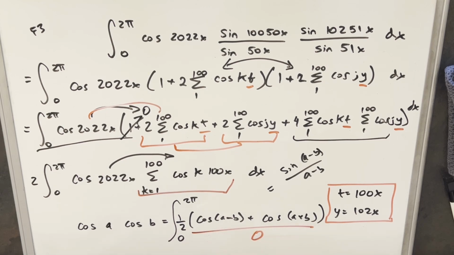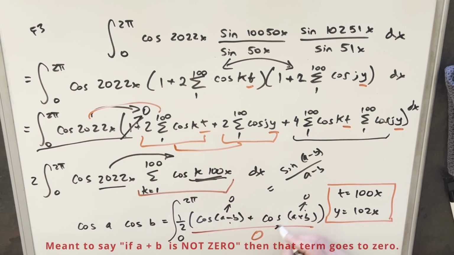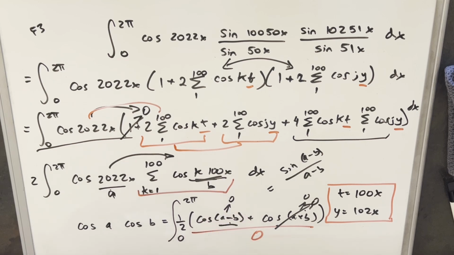Now the only exception we have to look out for is what happens when a minus b equals 0, because then this is 1, or if a plus b is 0. But we know that a is 2022x, and we know b is going to be this thing, and neither of those are ever negative. So this angle is never going to be 0. Then similarly, we can look at a minus b and see when is it going to be 0.